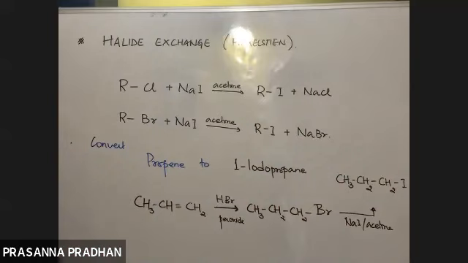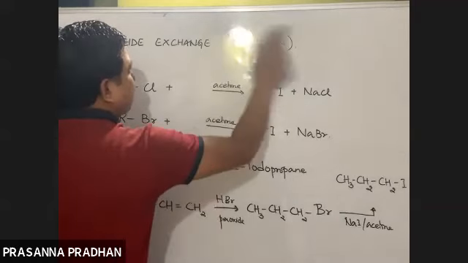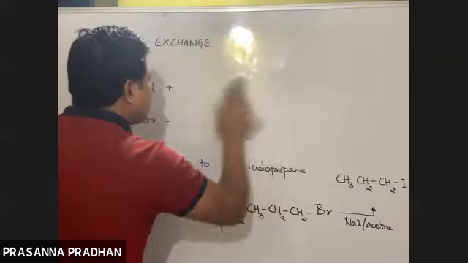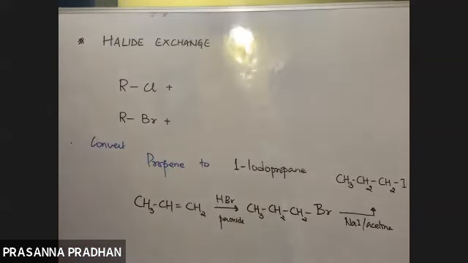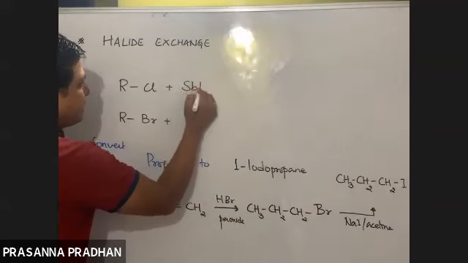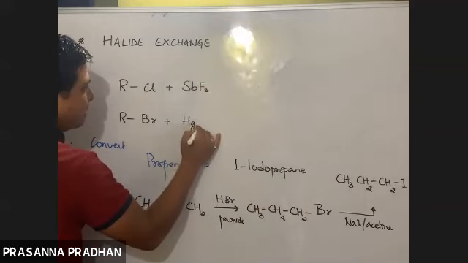Not only with iodine, chlorine and bromine can also be substituted by fluorine. So what are the reagents? The reagents used are antimony trifluoride, mercurous fluoride, Hg2F2.